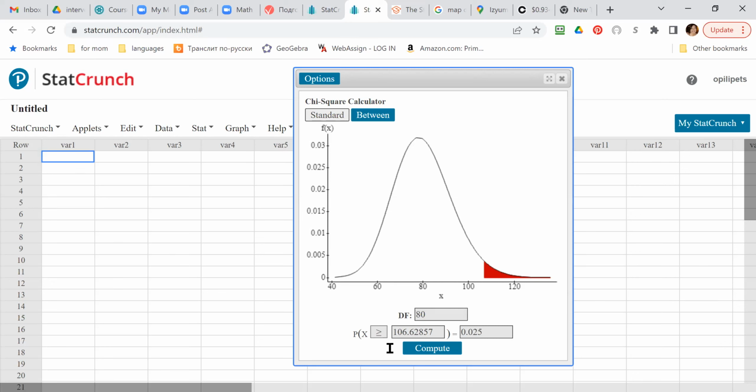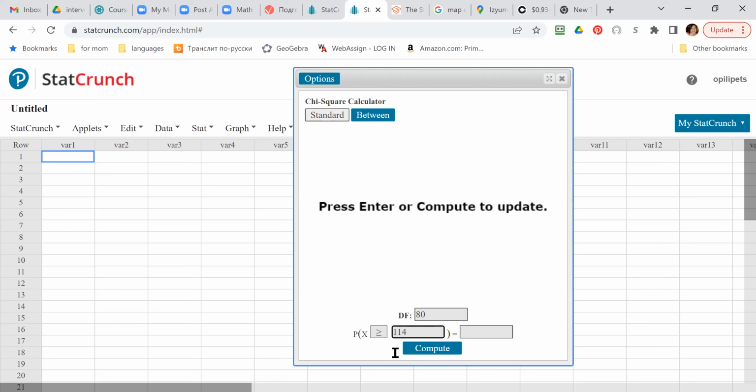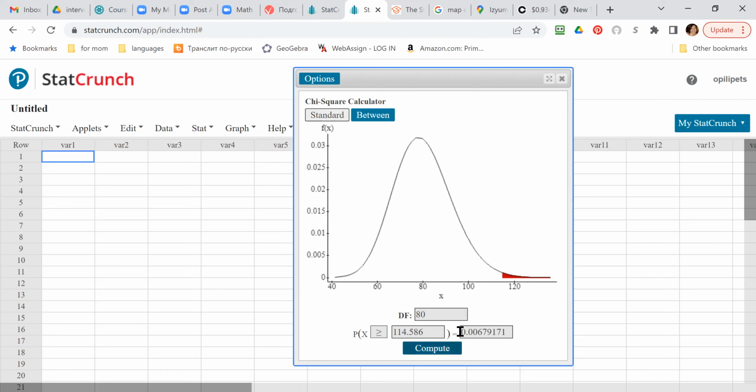What about the p-value? Well, the value that we found as a test statistic was 114.586. Okay, so I'm going to put it in for the chi-square value. I don't know if it's the right tail or the left tail, so it looks like it's the right tail.